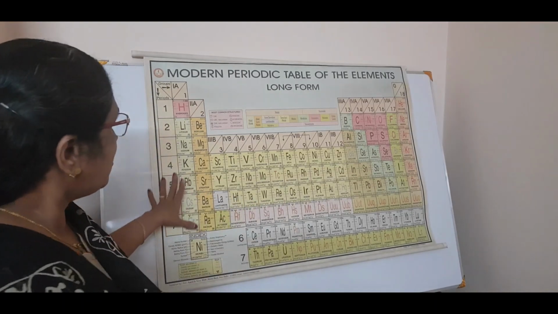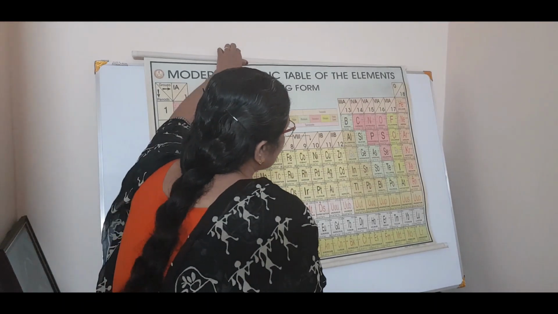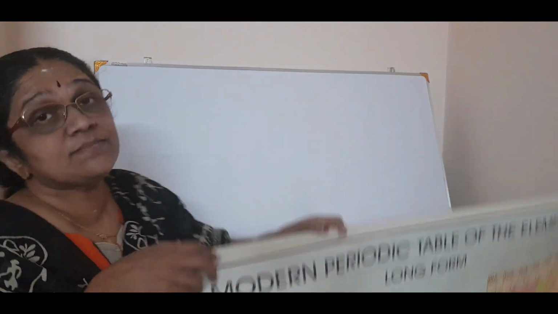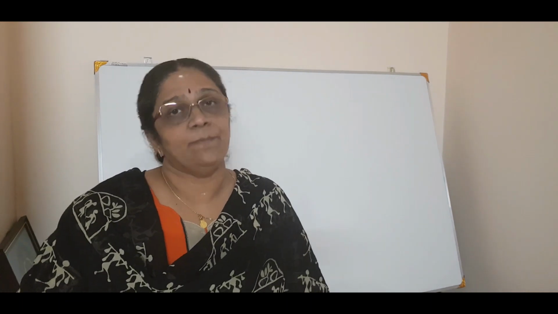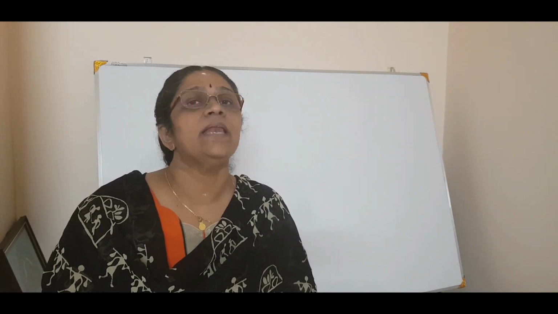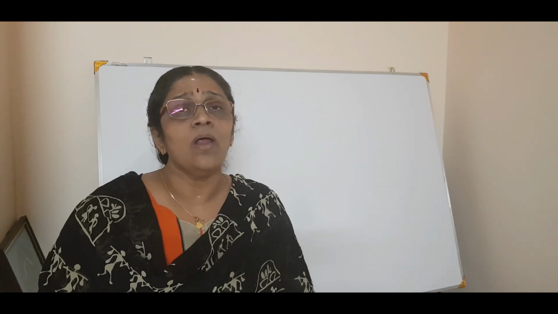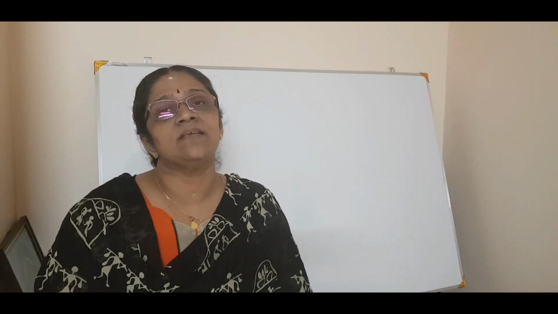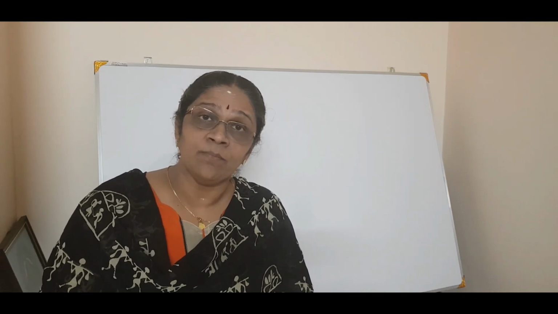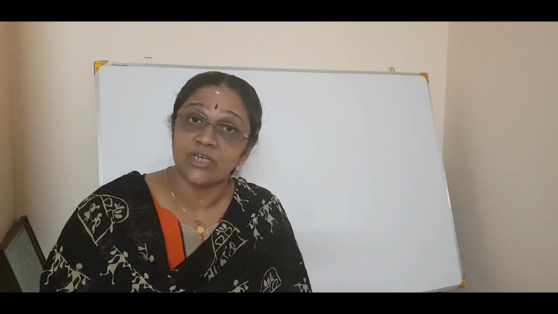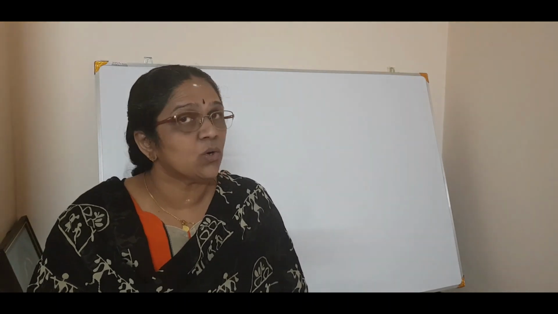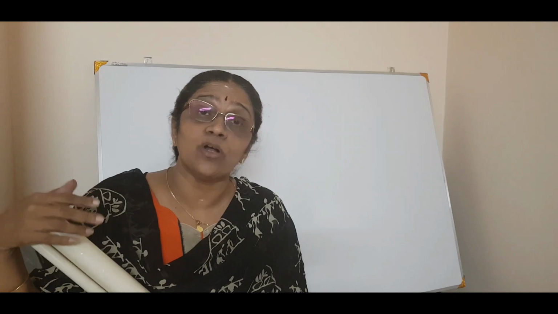Okay, so this is all about the modern periodic table, and now we will see, by seeing this modern periodic table, how we locate the position of an element, or why that element is there. If I say for example, why lithium is in group 1, why not in group 2, or why carbon is in the 14th group and not in the 16th group.